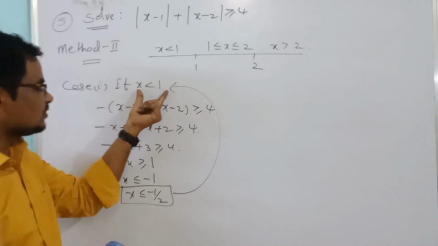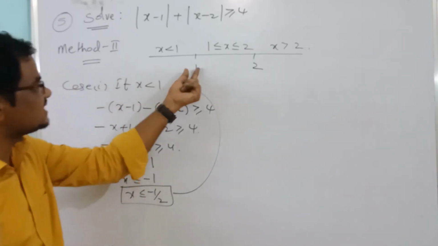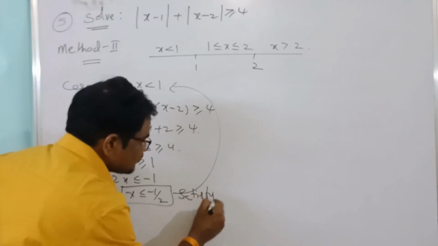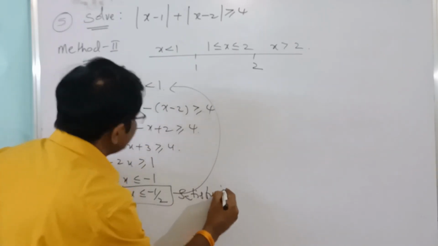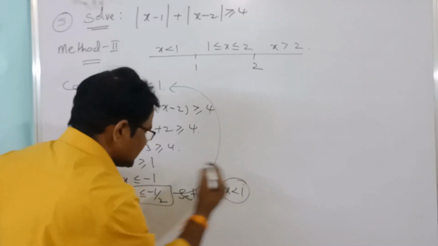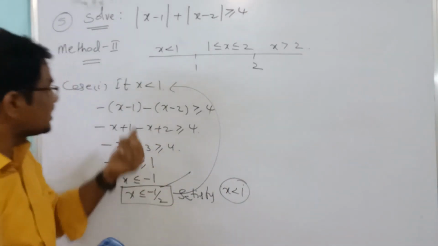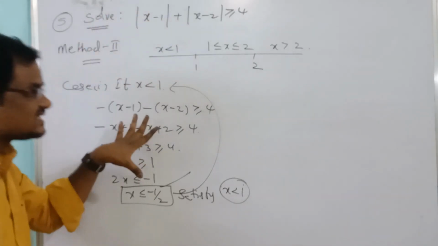So x ≤ −1/2 is a solution of the given inequality in this case.